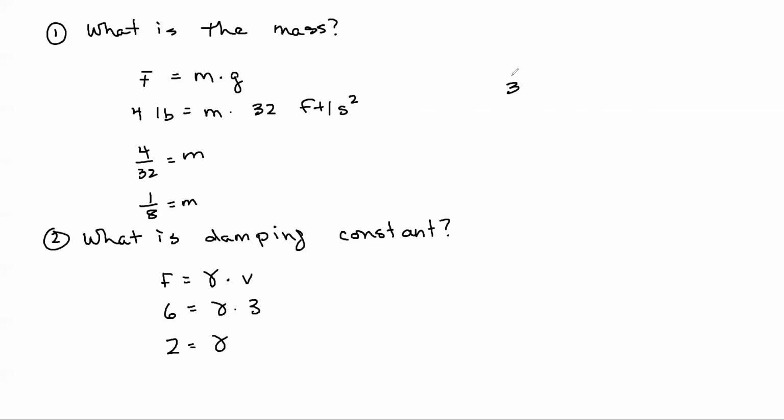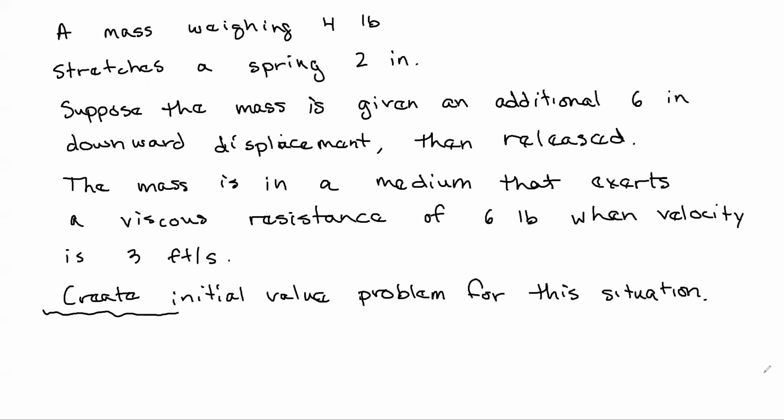All right, 3. What is the spring constant? Did they give it to us? If we go back and read the problem, no, they did not. What they did tell us is that a mass weighing 4 pounds stretches a spring by 2 inches.